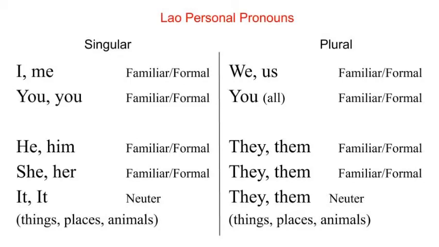We don't say the male it or the female it. We may initially refer to the mama elephant, but when we're using the pronoun to refer back to the elephant in the rest of that sentence, we just use it. So it's considered neuter or neutral gender.